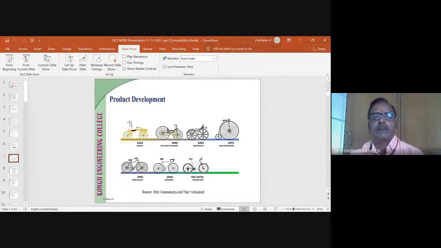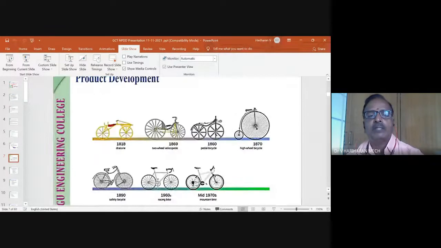Okay, sir. So the product, what you have is, in 1818, a cycle with two wheels of equal diameter. Over a period of time, people wanted a new design, so they enlarged the backside wheel diameter. After that, again there was some discomfort. Again it changed, and in 1860 the two wheels were the same.